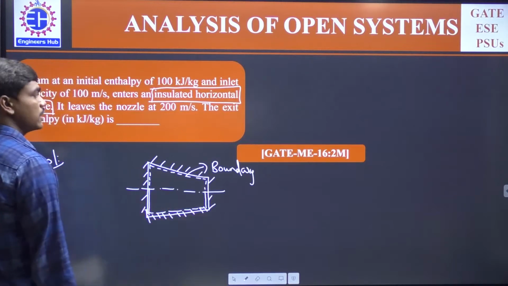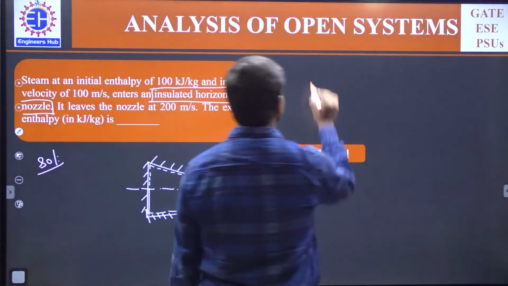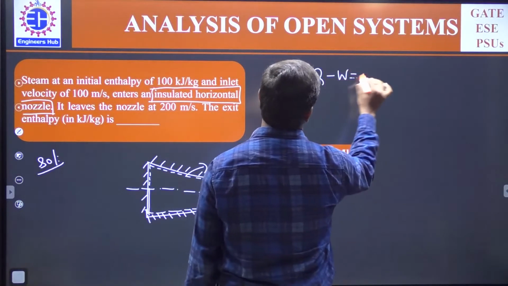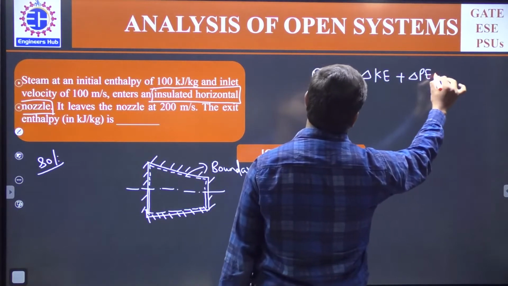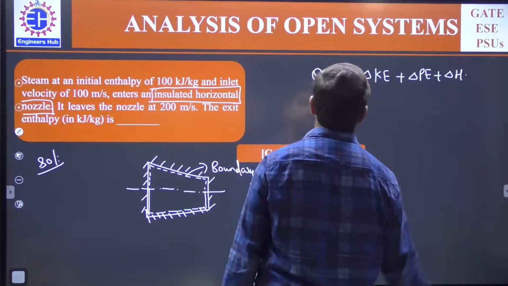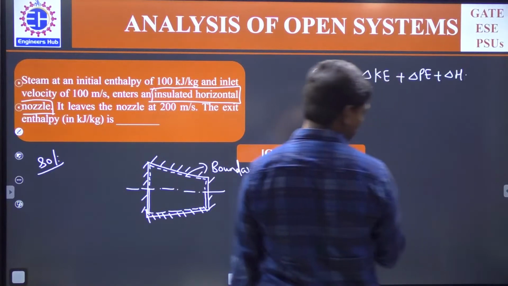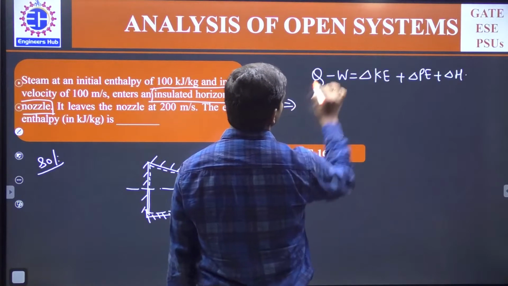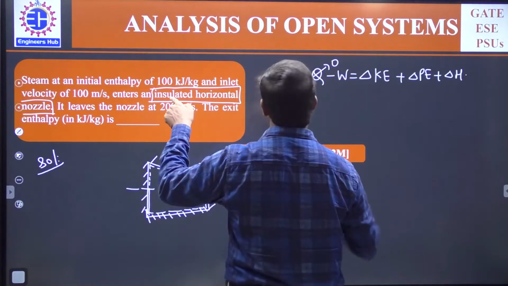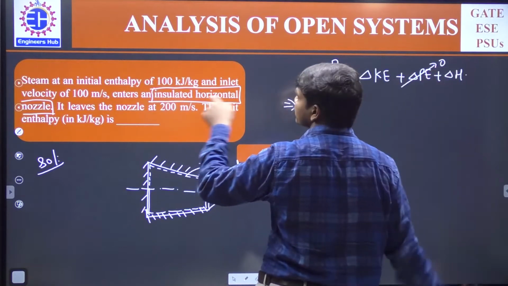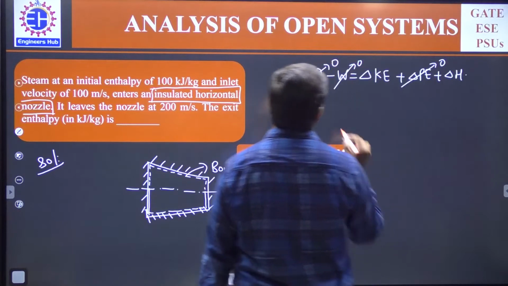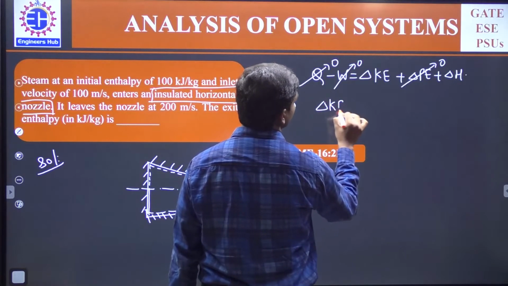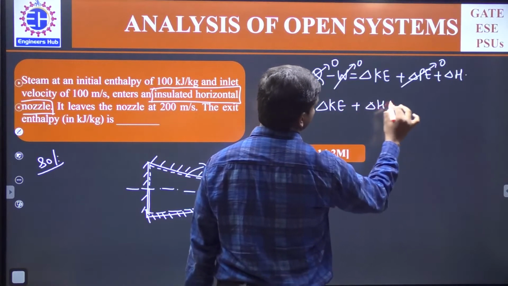No heat interactions basically. So if you apply the steady flow energy equation, Q minus W is equal to delta KE plus delta PE plus delta H. This question was asked in GATE 2016 for 2 marks. Q is 0 because of the word insulated. Potential energy change is also 0 because of the word horizontal. And nozzles are generally not capable of producing any work. So delta KE plus delta H is equal to 0.